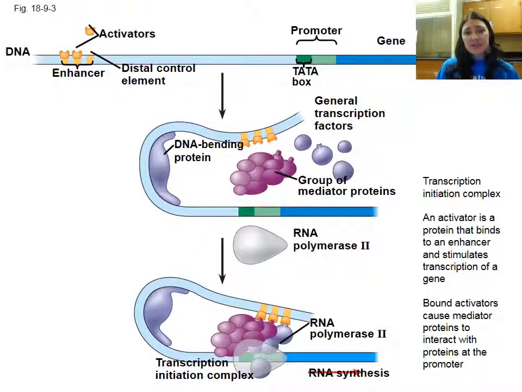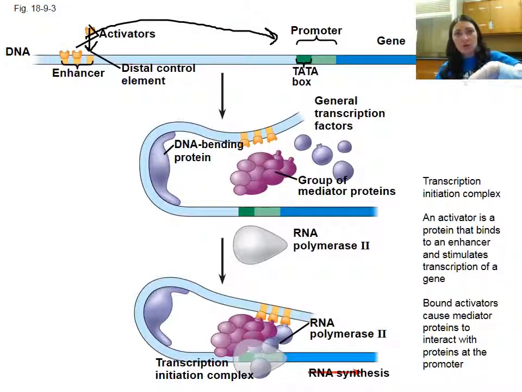So this is an example of a transcription initiation complex, and you have these activators that bind to your enhancers, and that stimulates transcription. Basically, these activators bring your transcription factors in close to where your promoter region is, so that you can draw in that RNA polymerase and get things started.